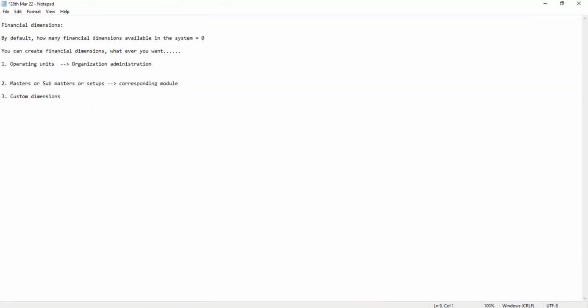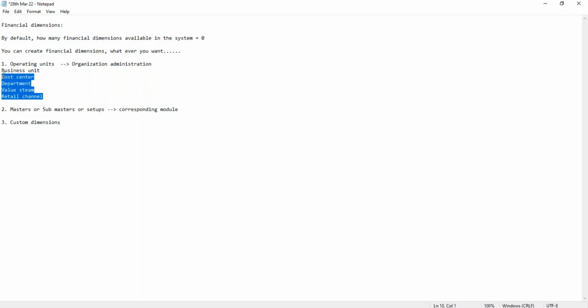One is business unit. Second one is cost center. Next one is department, value stream, retail channel. These five are available in AX 2012 also.